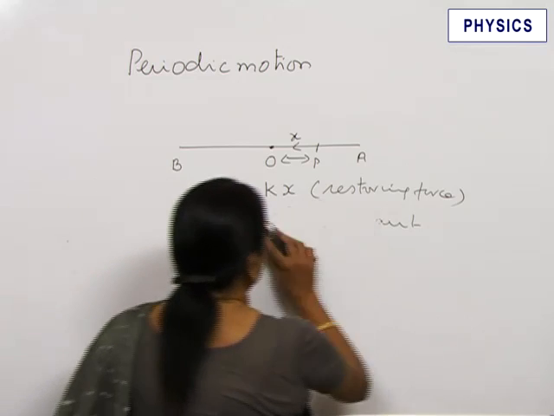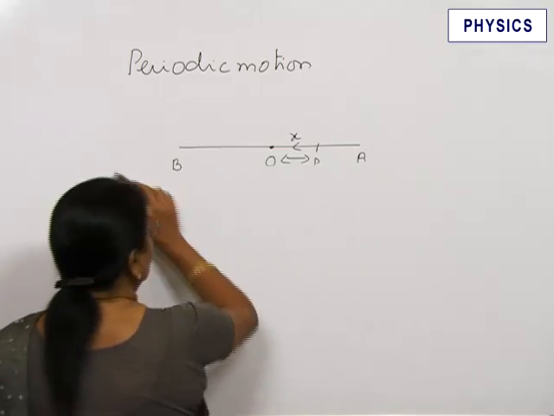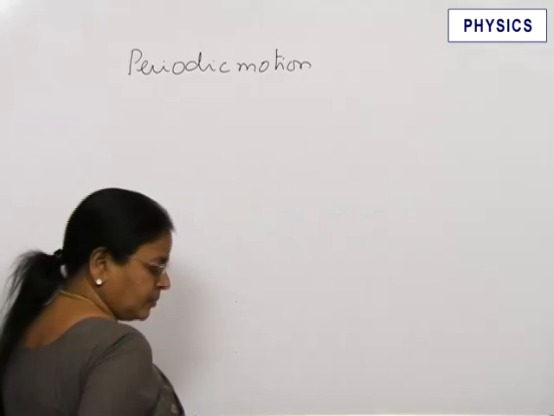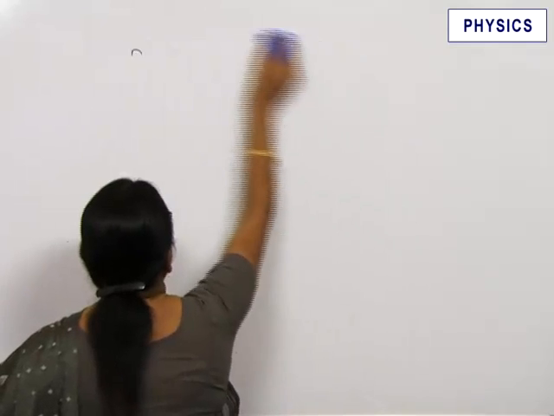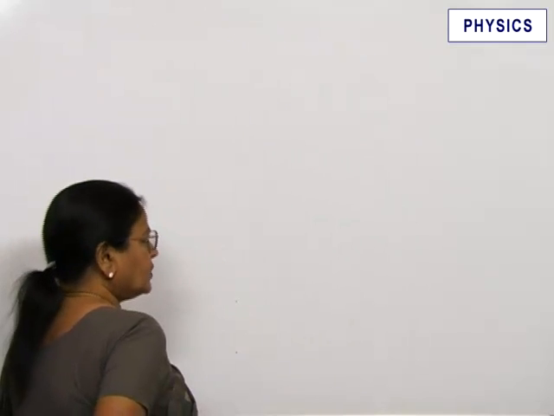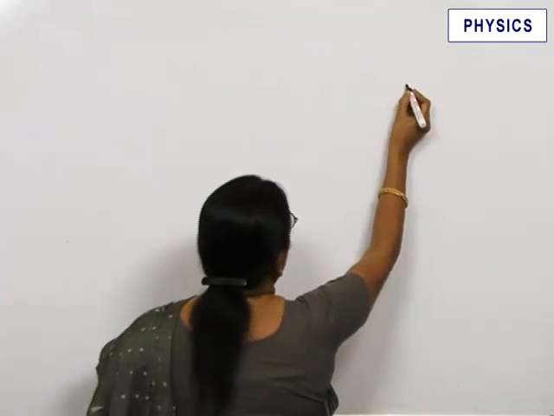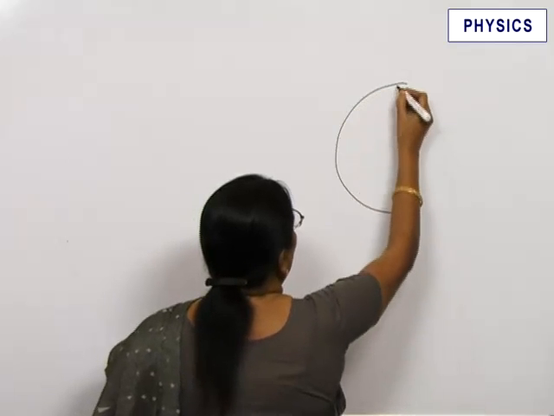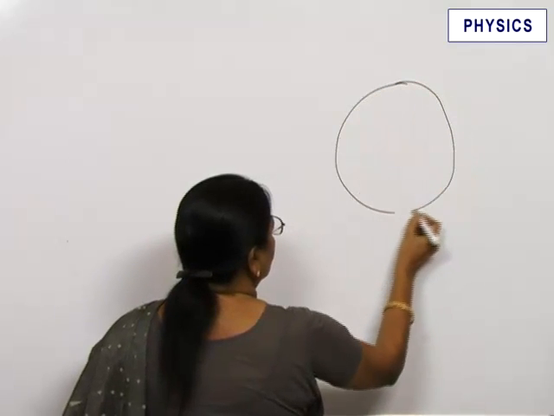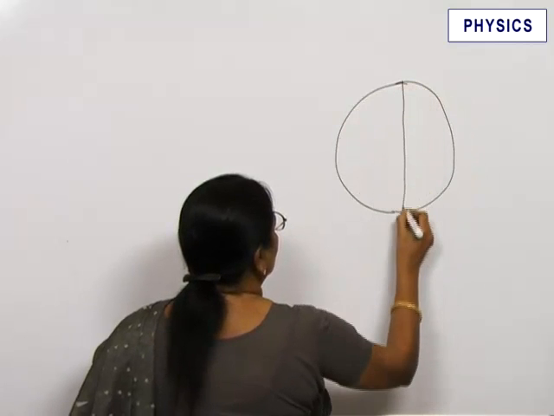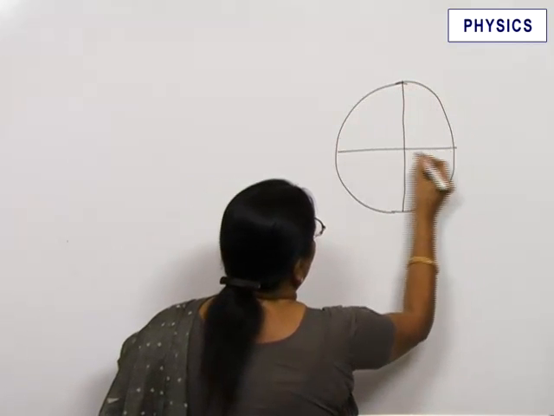Now let us get an equation for simple harmonic motion. It can be obtained by considering SHM as the projection of circular motion on the diameter of the circle. So suppose you have a circle.